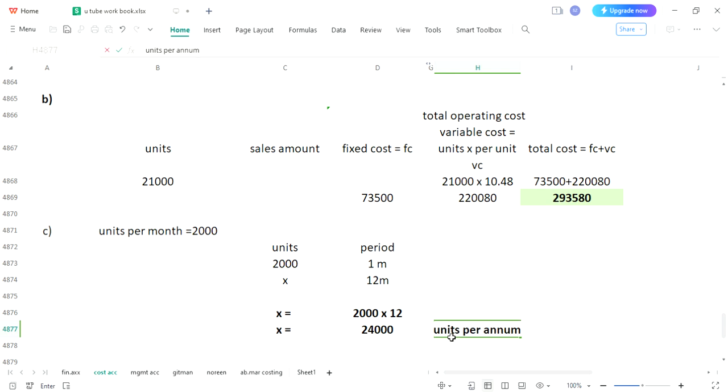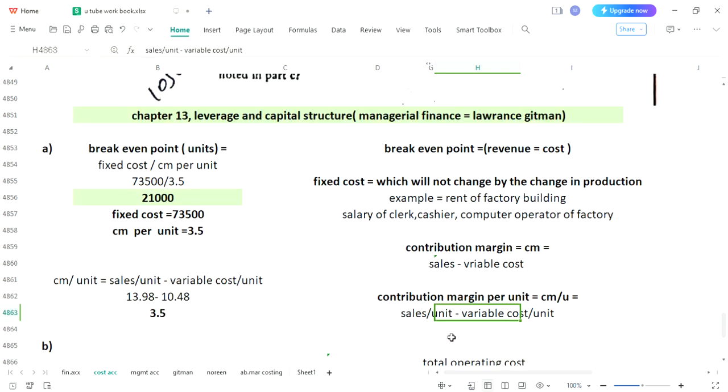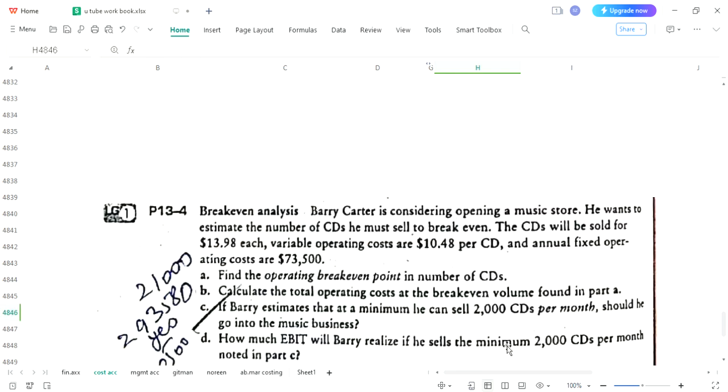So here let's see the requirement of the question. If Barry estimates that minimum he can sell 2000 CDs per month, should he go into the music business? The answer is very clear, but you will have to create a conceptual scenario in your brain. Go back to part A where we calculated the break even point.